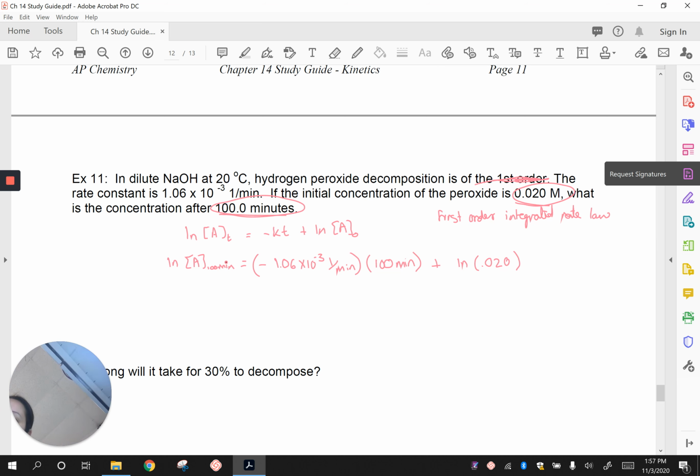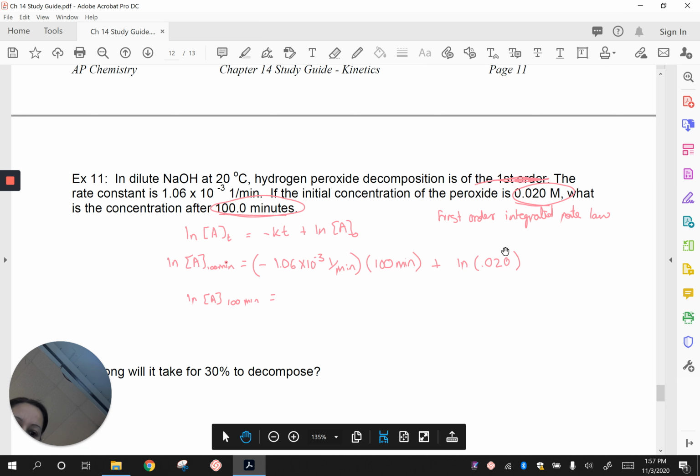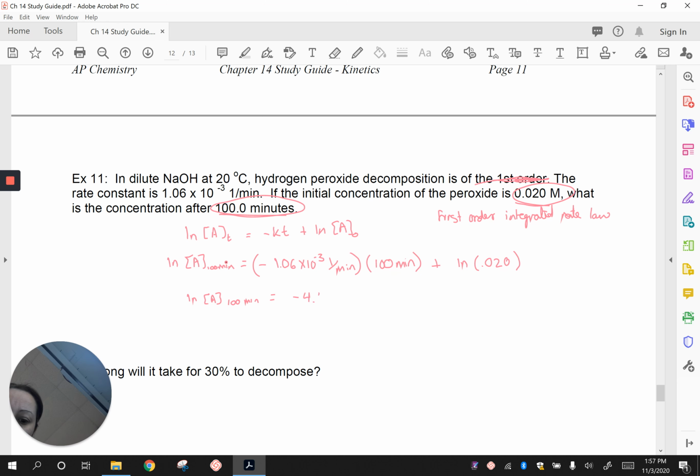And we solve for this. So you're going to get that natural log of A at 100 minutes is equal to, if you calculate this side here, negative 4.06.